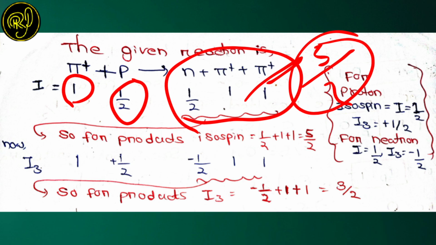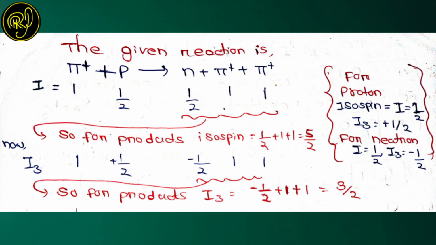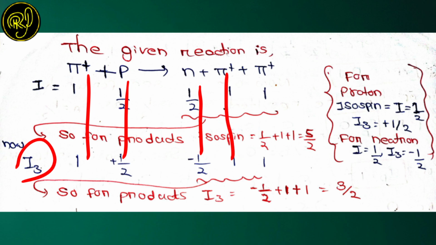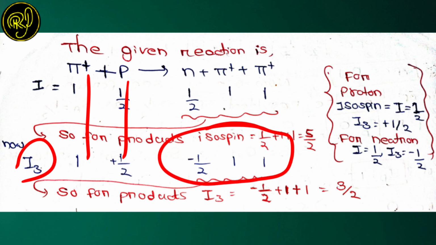Now let us do it for the third component of isospin. For pi plus I3 is equal to 1, for proton I3 is equal to half, for neutron I3 is equal to minus half, and for each pi plus I3 is equal to 1. We will simply add the third components of isospin for the RHS, because we were asked to find the isospin and third component of isospin for the products only.